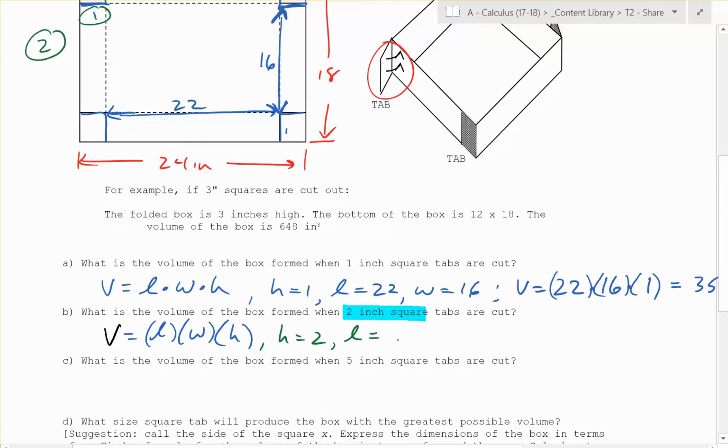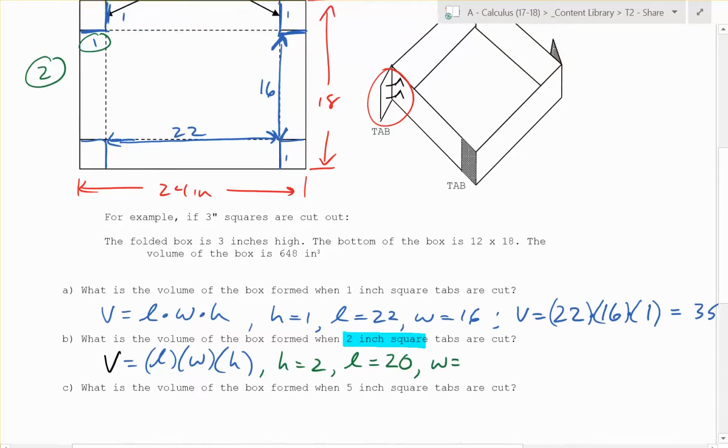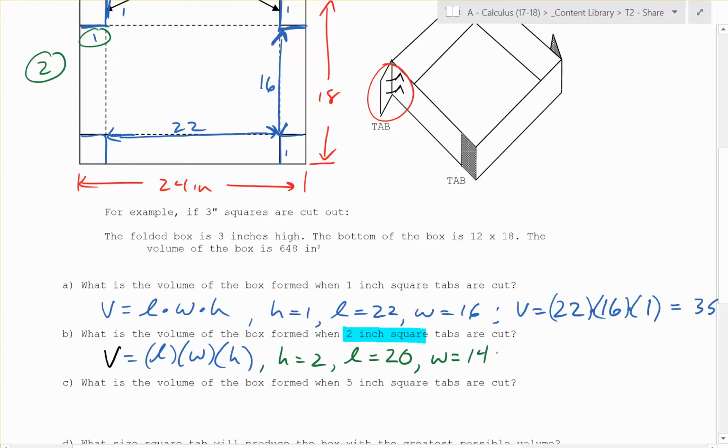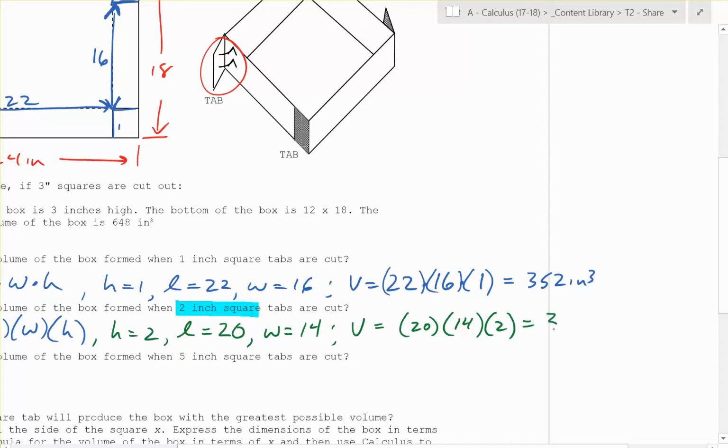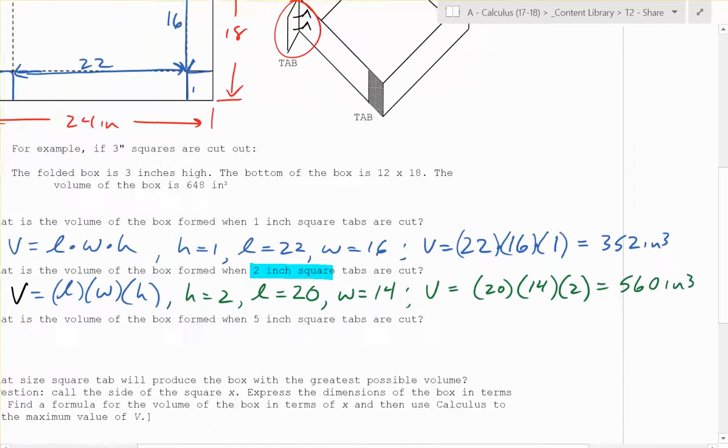Instead of cutting out 1 from each side, you're cutting out 2 from each side, so it's going to be 20. And then the width, instead of 16, will go down to 14. So in this case, the volume will be length, in the same order, 20 times 14 times 2. When you multiply that out, you end up with 560 inches cubed. Okay, that's nice.